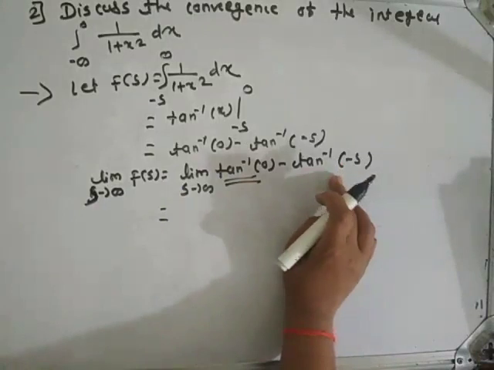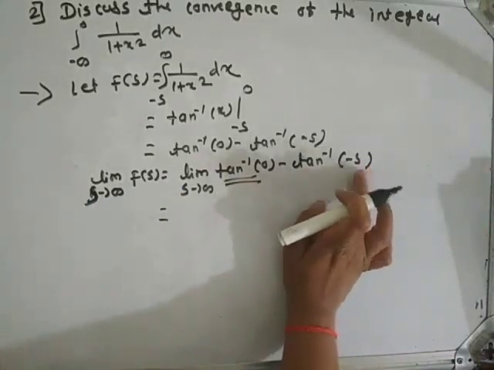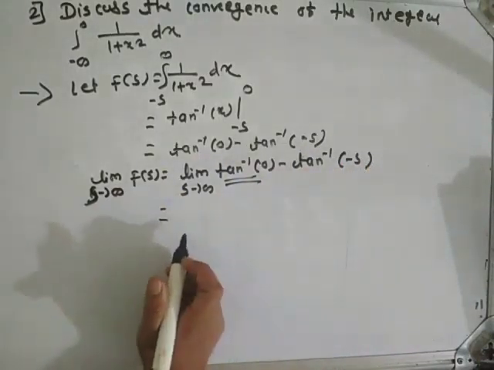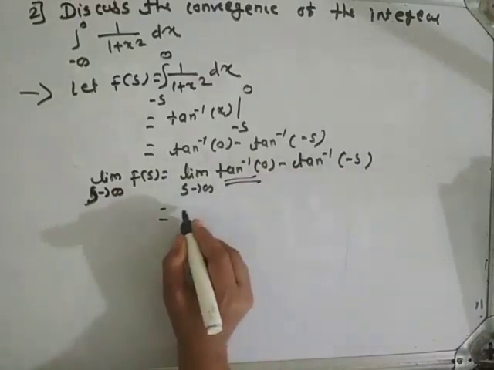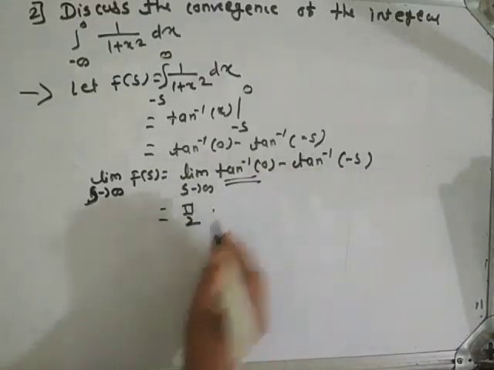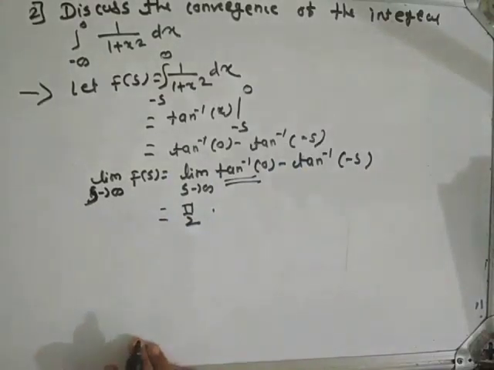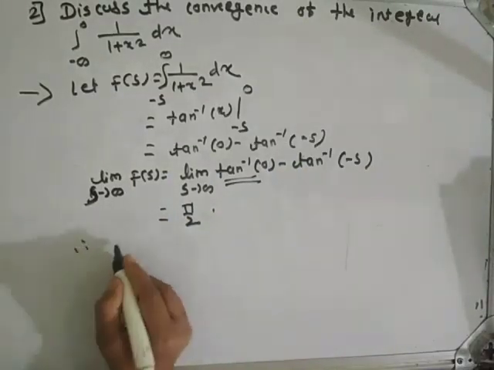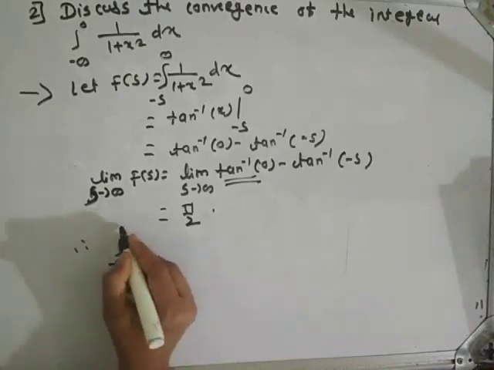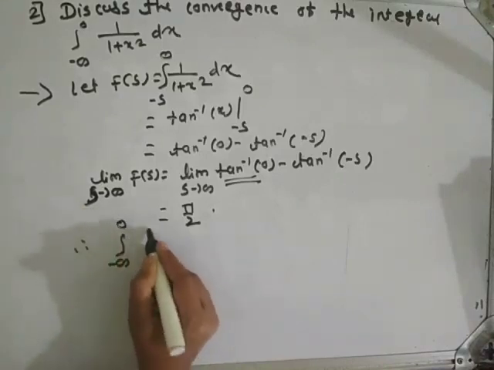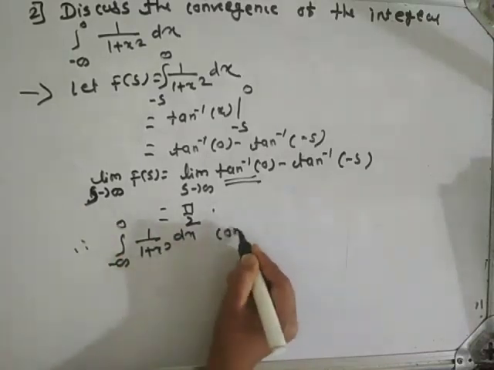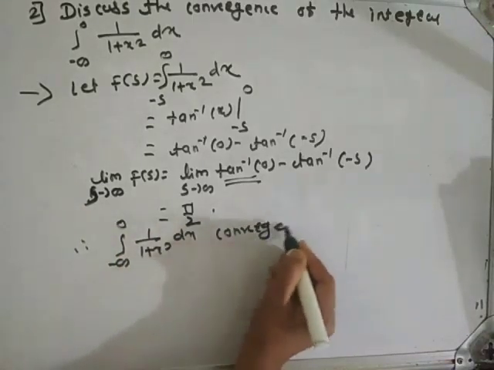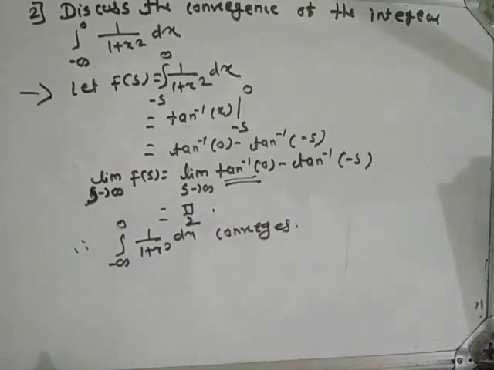Tan inverse of infinity is pi by 2. So we will get pi by 2. Therefore, integral from minus infinity to 0 of 1 upon 1 plus x square dx converges.